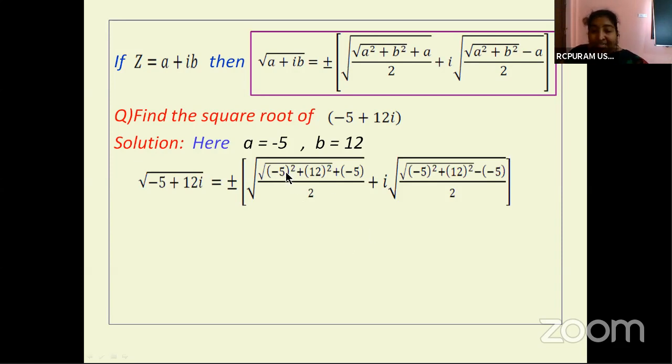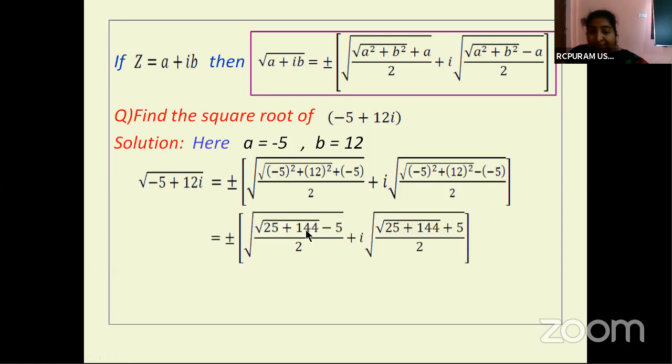Then minus 5 whole square is 25. 25 plus 12 square, which is 144, gives you 169. Root of 169 is 13, right? So 13 plus minus into minus is minus 5 divided by 2. And here again, root of 25 plus 144 minus of minus 5 divided by 2. Of course, you have root for the total term.